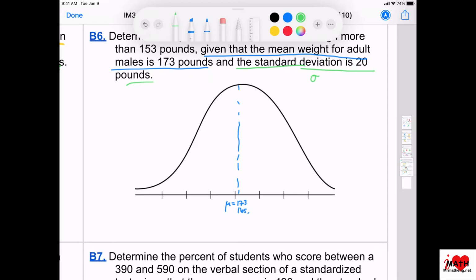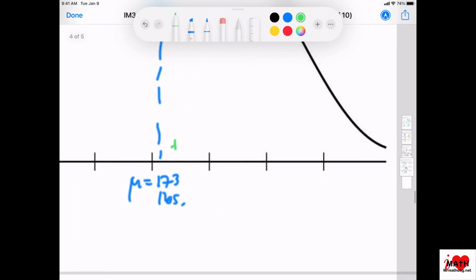It has a little o with a little tail on it. That is 20 pounds. So 1 standard deviation means to add 20. 2 standard deviations means to add 20 twice from the mean or the center. So 193, and then this would be 213. And 3 of these standard deviations, adding 3 20s to 173, would give us 233.